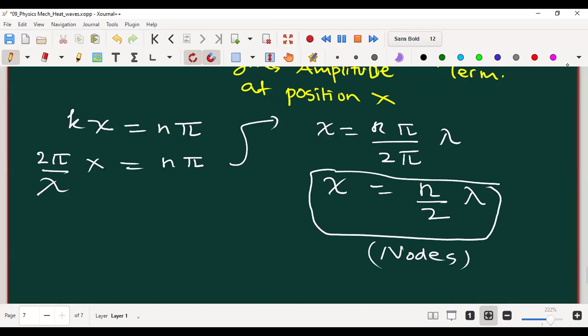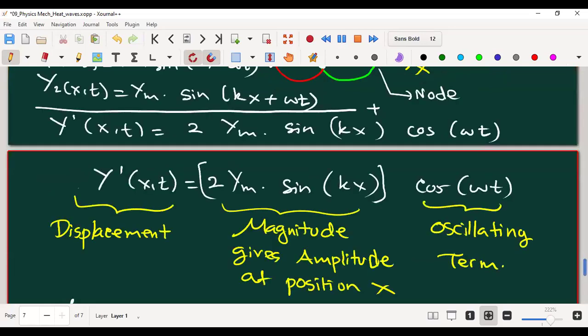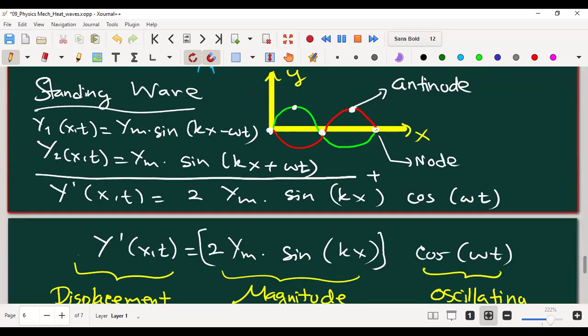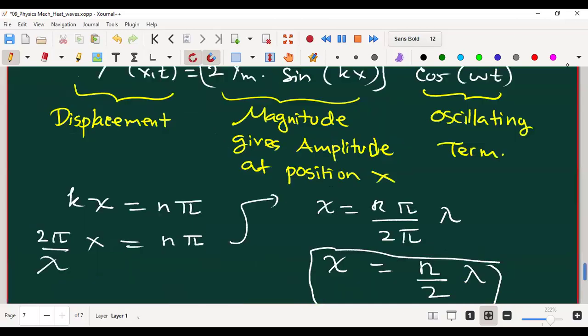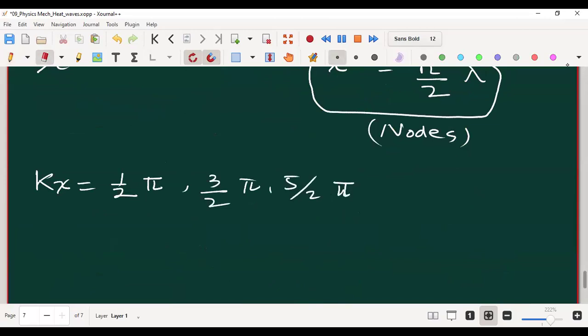But the position of antinode, we can see that node is here, right? Here is 0, half of lambda, and then 1 lambda. But for antinodes, kx is equal to half of pi, 3 per 2 of pi, 5 per 2 of pi. So kx is equal to n plus half of pi.